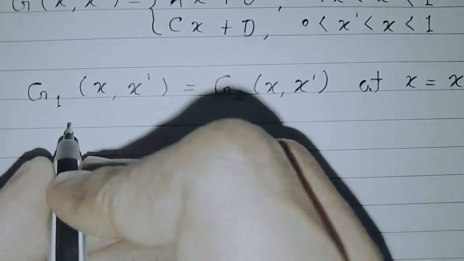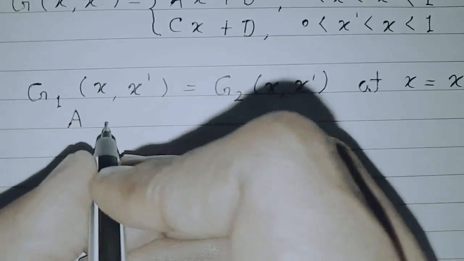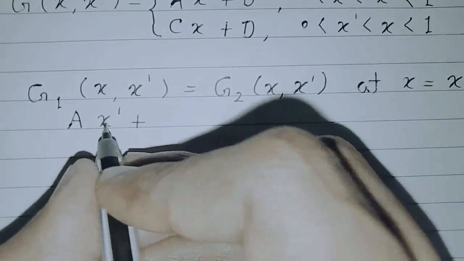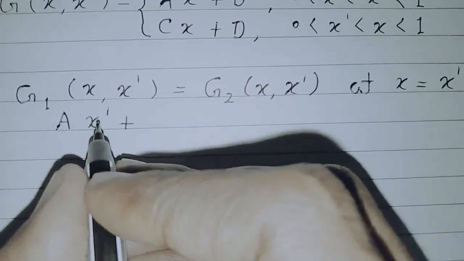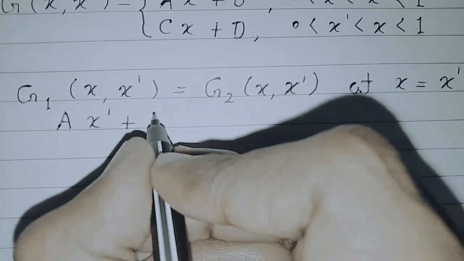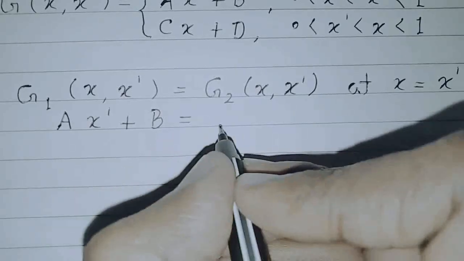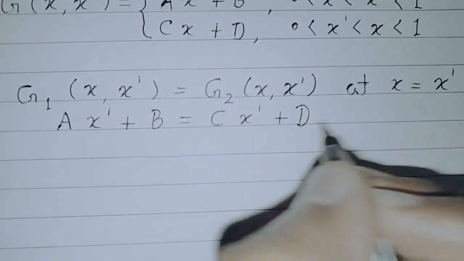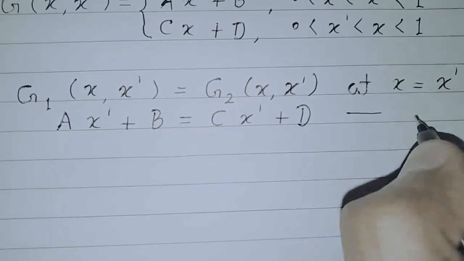So using this we can write, for we have taken x equals x dash, therefore we replace x by x dash. So we have this first equation.